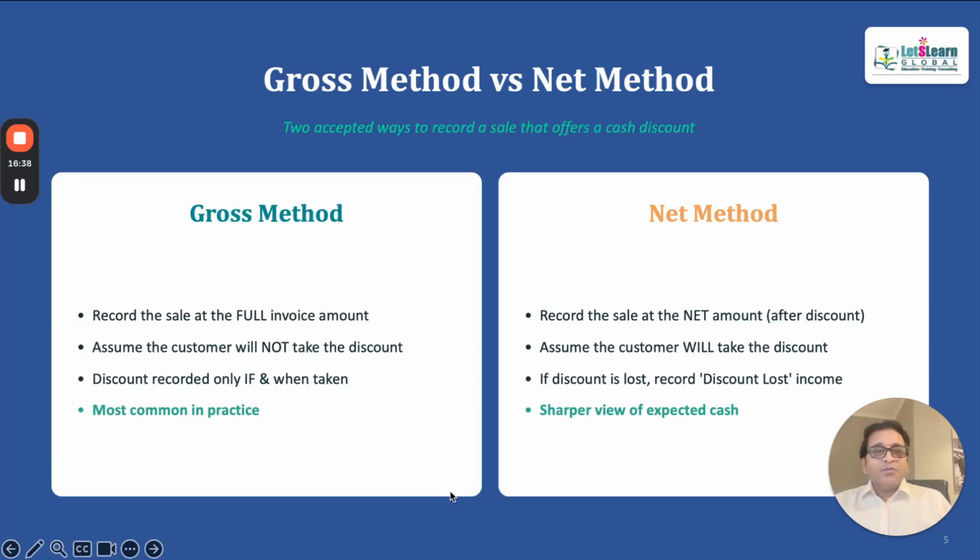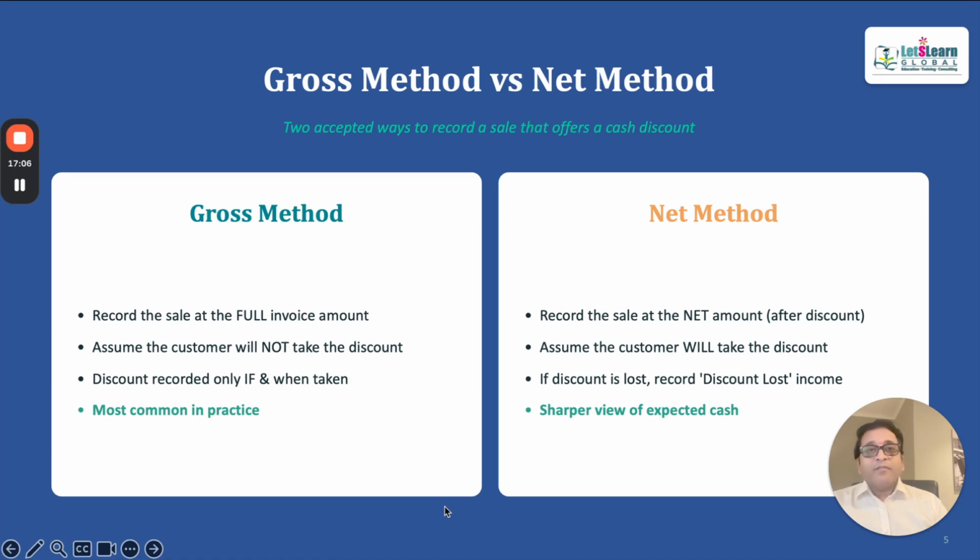So companies use different methods when they offer cash discounts. Say for example, we are maintaining the gross method, which means we record the full amount. Only when the customer turns up within the discount period, we will offer the discount. We record the full amount initially. We are not sure whether the customer will turn up or not.